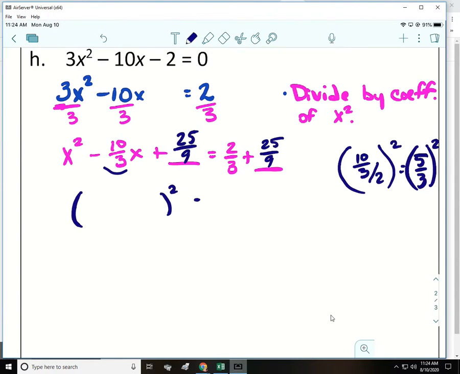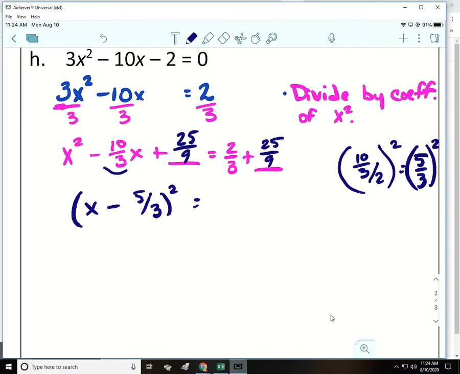Okay. Then I'm going to factor this, but I know it's a perfect square trinomial, so I don't have to go through the long process. I can just bring down the x, bring down the minus, and then bring down what I got when I took half. Okay.